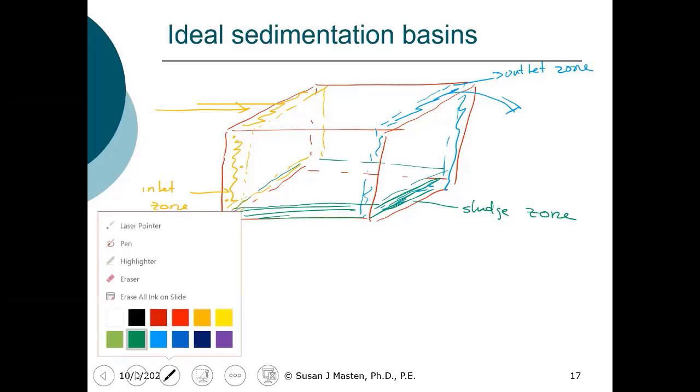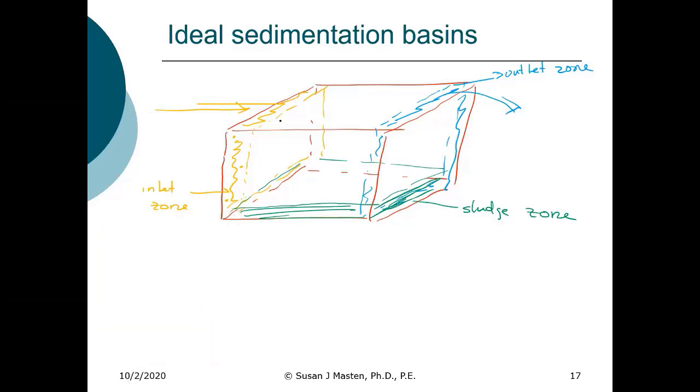So consequently, a particle enters here. That particle has the potential, okay? In this case, it's not removed. It doesn't hit the sludge zone, and it enters the outlet zone and it ends up in the effluent. So that particle is going to end up here.